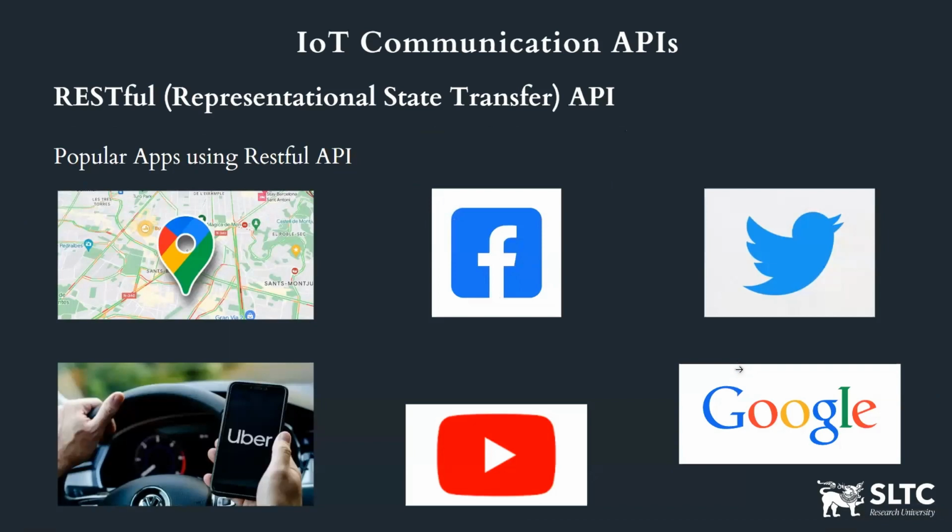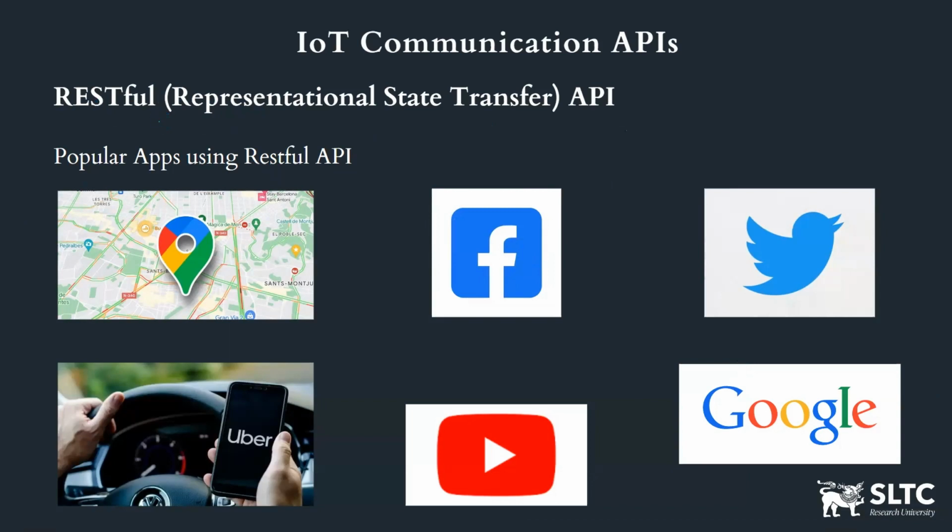So in IoT scenarios, IoT systems will mostly be using some popular APIs. A type of API that is mostly used is the representational state transfer API, which is known as RESTful API.